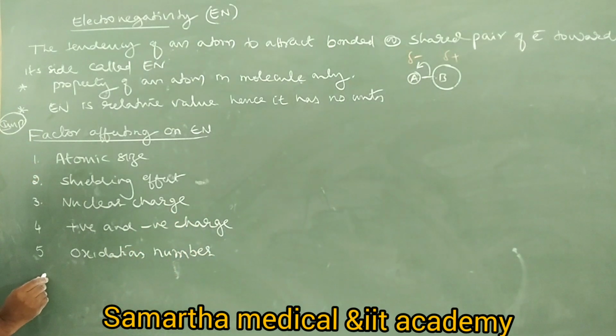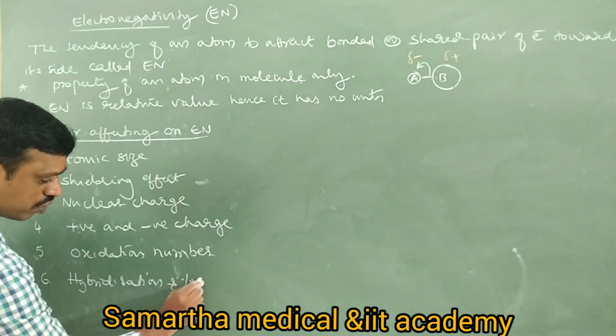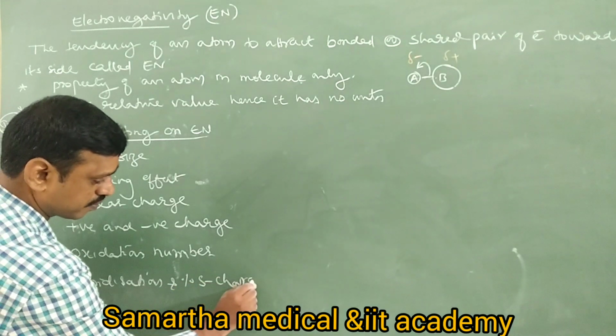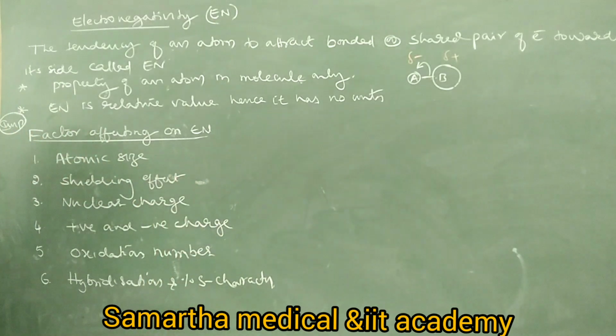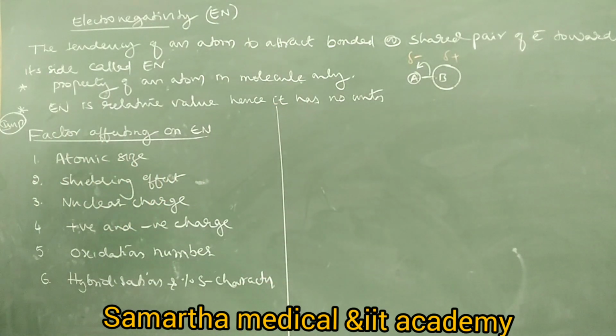Sixth is hybridization and percentage of s character. So electronegativity depends on all these factors.